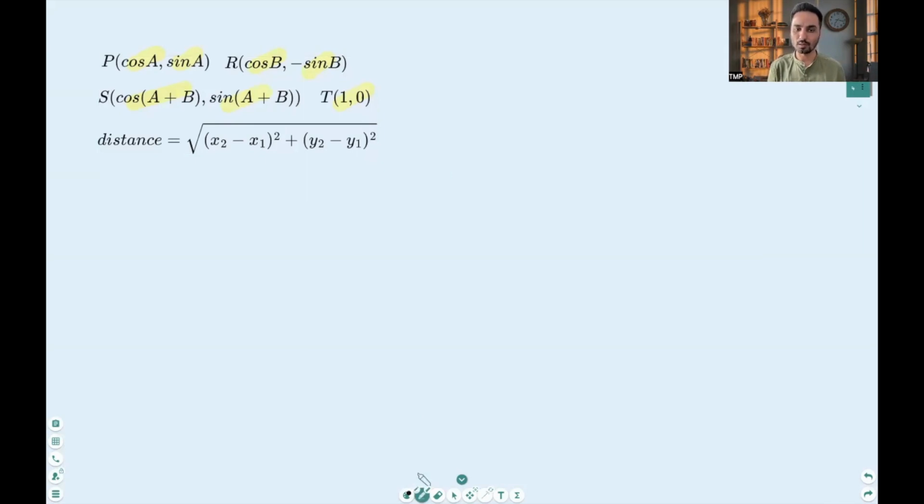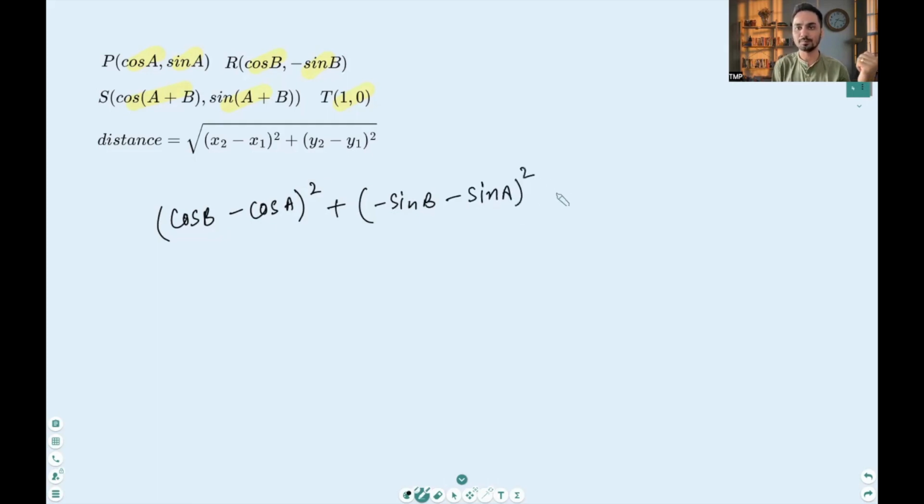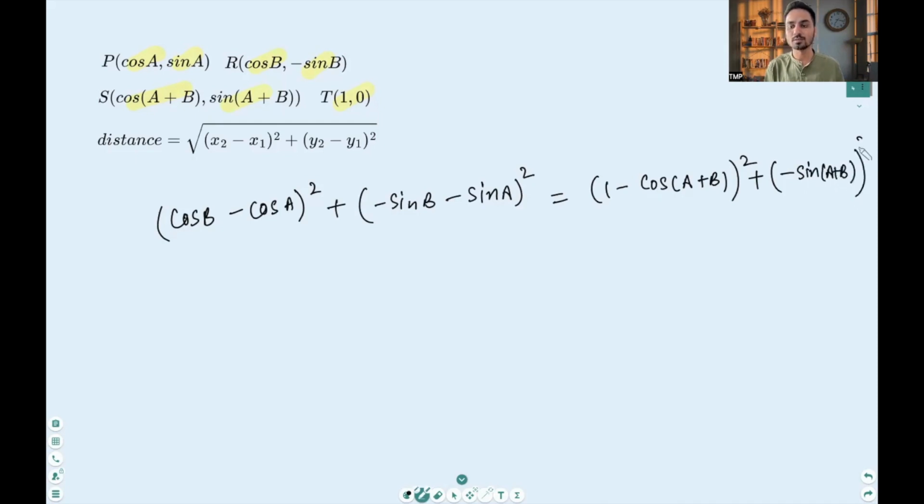And if we apply this formula, we will get PR square, which will be (cos B minus cos A) whole square plus (minus sine B minus sine A) whole square, equals, for ST square, (1 minus cos(A plus B)) whole square plus (0 minus sine(A plus B)) whole square, so we can simply write minus sine(A plus B) square.